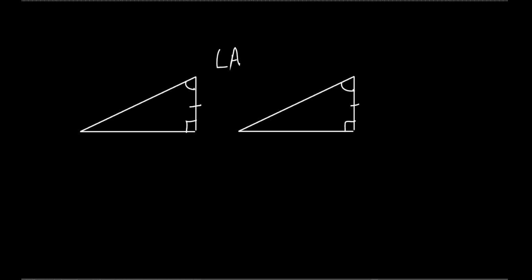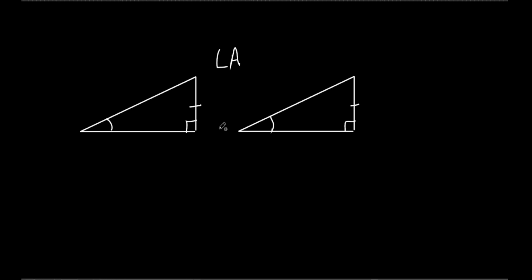Actually, we're only doing 3 of these. The reason I thought it was 4 is because of this little bit right here. They could have also told you that this angle down here in the corner is equal to this angle down here in the corner. This is still leg angle, isn't it? They still give you one leg and they still give you one angle of a right triangle.